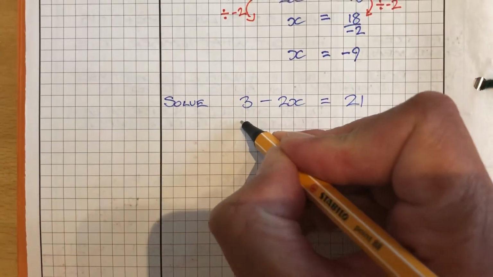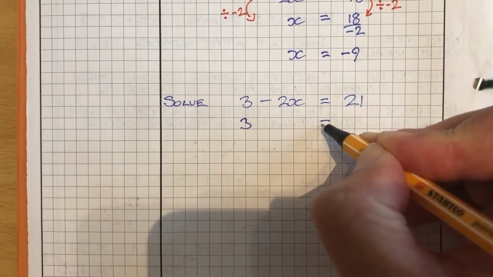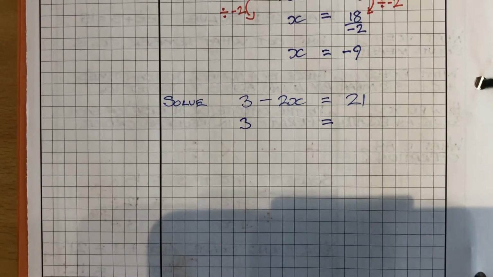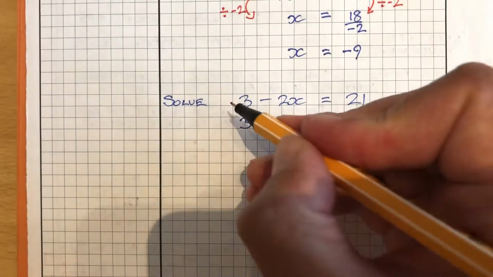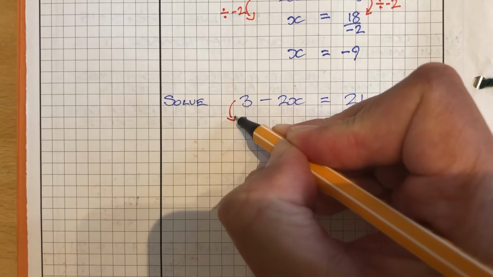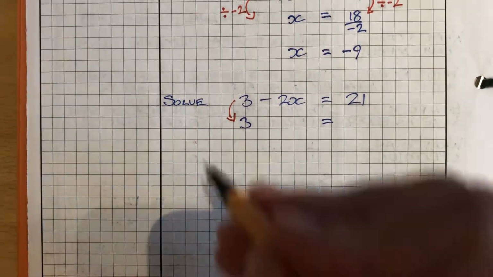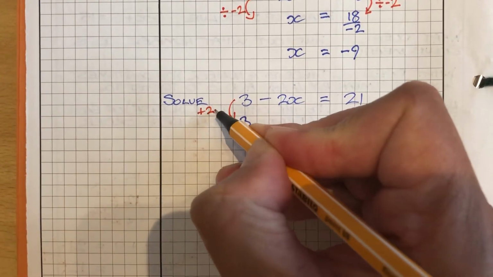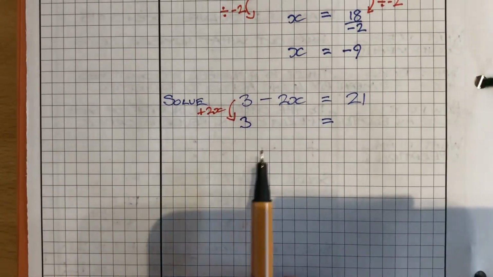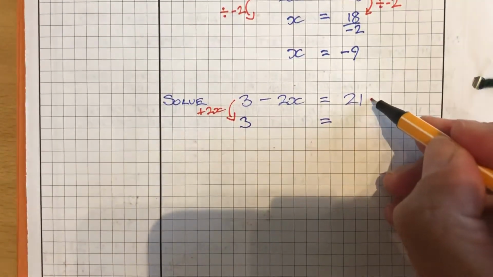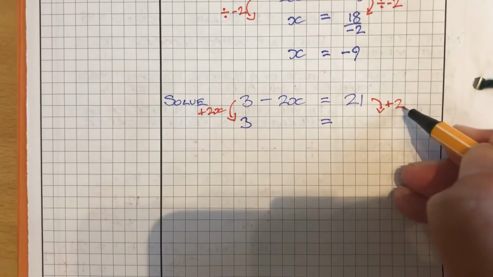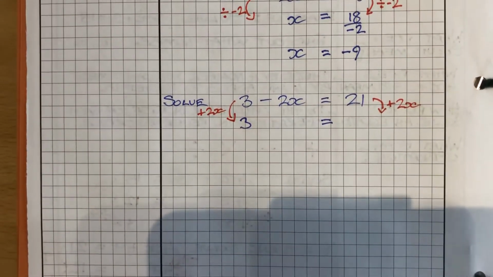So let's get rid of that. I'm removing take away 2x. How do you do that? You do the inverse of take away 2x. You add 2x. If you add 2x on this side, then you're going to have to do the same on this side. Add 2x on this side.